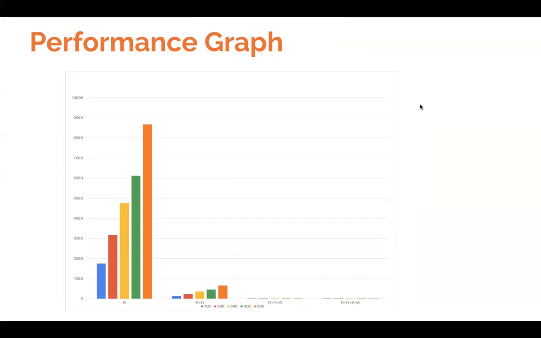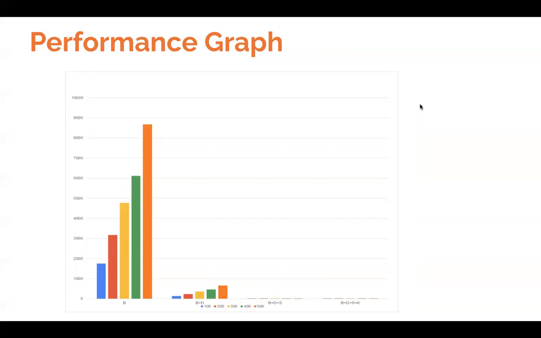There were no additional things attached at the backend. In that, we can see the response time for every user count starting from 100 to 500 is very high. The blue line is for 100 users, and on the x-axis there are different combinations: B stands for base, D stands for database pooling, S stands for SQL caching using Redis, and K stands for Kafka.